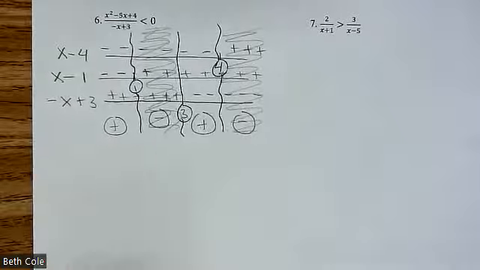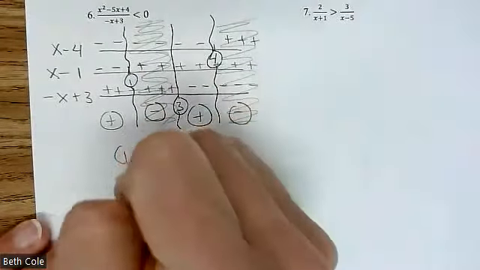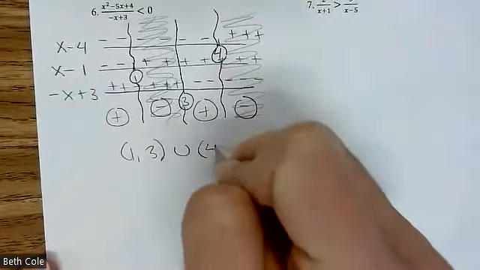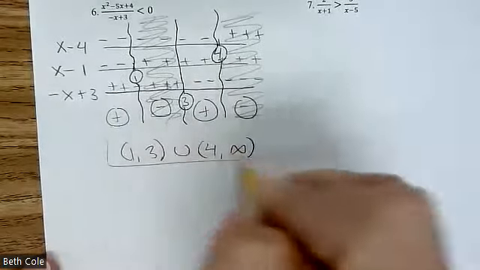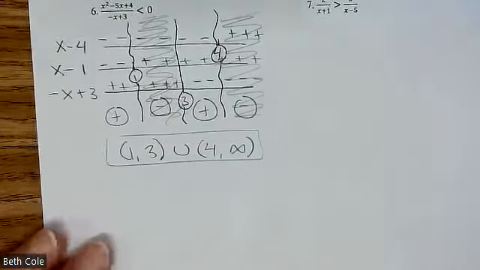And then, how do you write the answer? How would we write that we want this section? 1 to 3, parentheses, union. Good. Perfect. I like when there's not an equal to. That simplifies things. They're all going to be parentheses, is all that is.